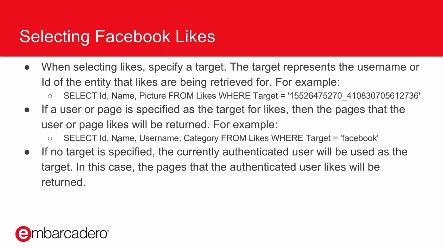And then you can see, okay, this is pages that they like. If target represents a username, likes for username. Okay, yeah, so this is the same thing. There's two different examples, and then this says that you'll get all of them.